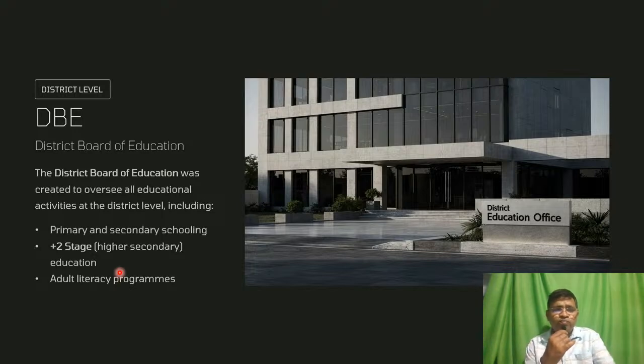Also the adult literacy program, for those who were unable to continue their education in their teenage or primary level, is conducted by the District Board of Education. DBE full form is District Board of Education.